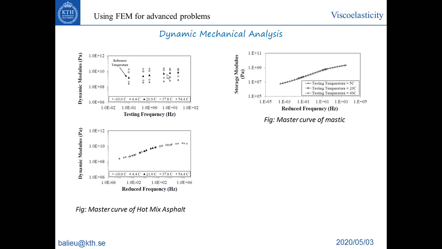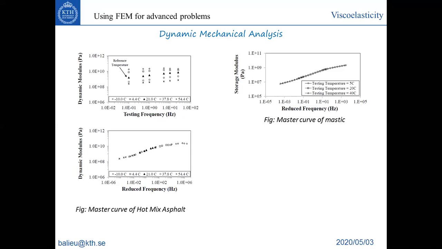So here, for instance, is a master curve plot on hot mix asphalt. We perform different compression tests at different temperatures for the same frequency range. We plot a master curve, and you can again fit this master curve to identify the terms of your Prony series.